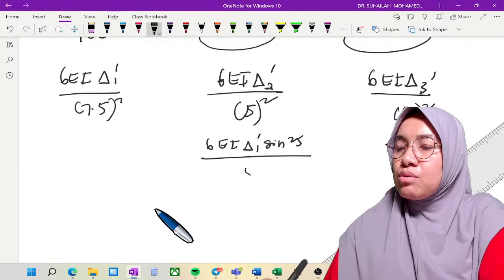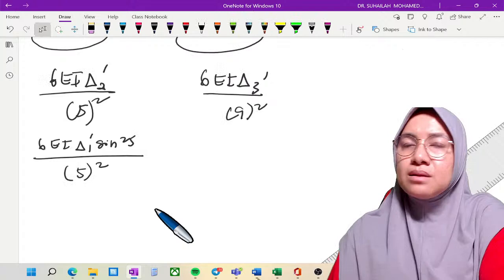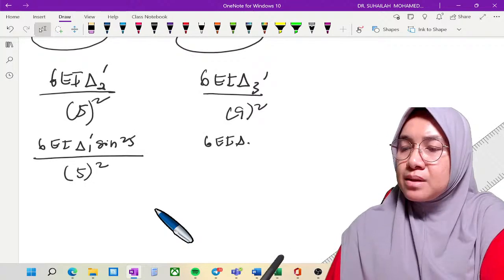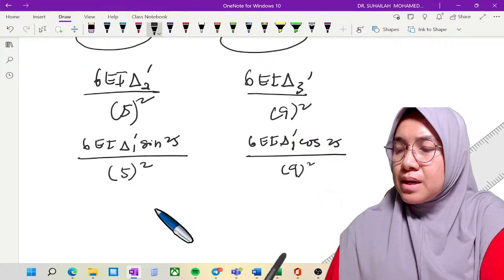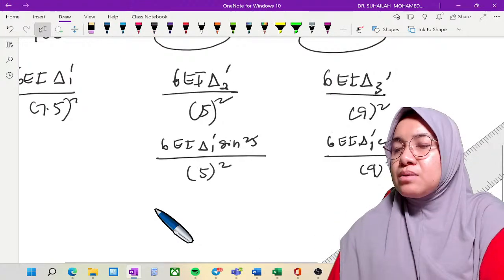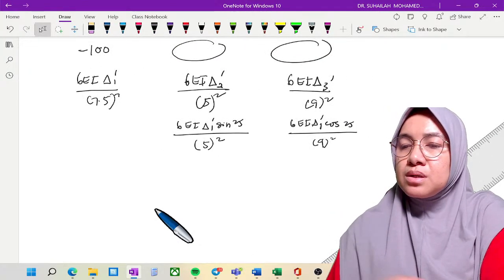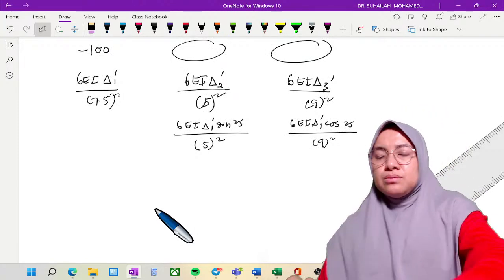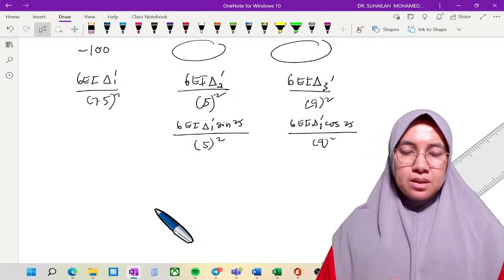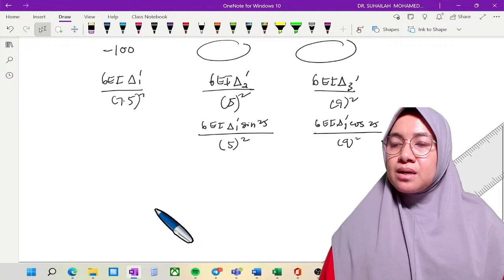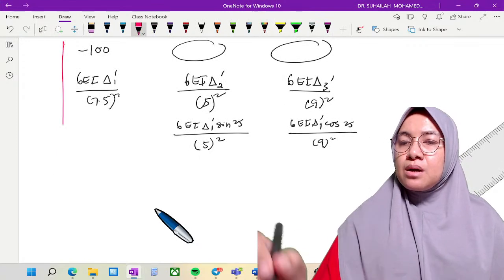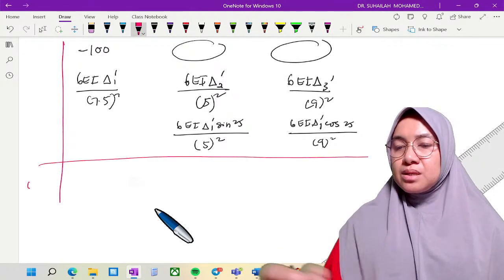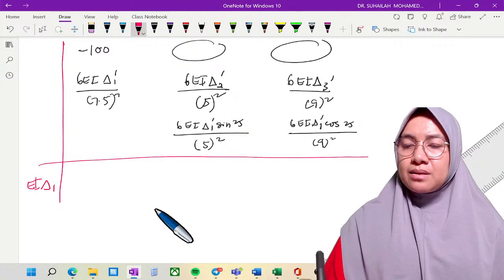And for delta 3 prime, it is 6 EI delta 1 prime, this is cos 25, over 9 squared. So we calculate the value, in terms of EI delta 1 prime.